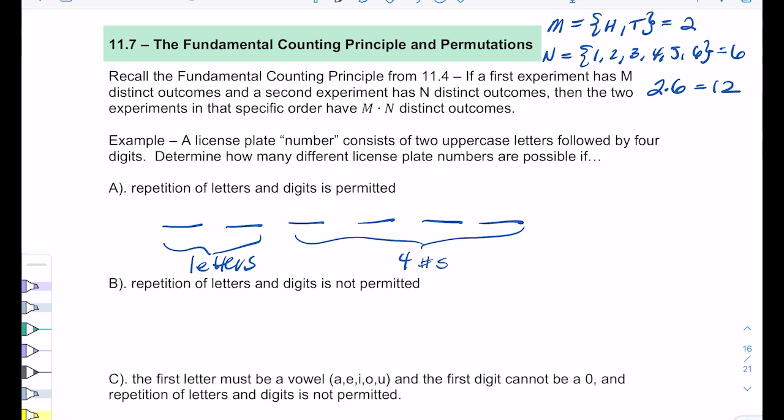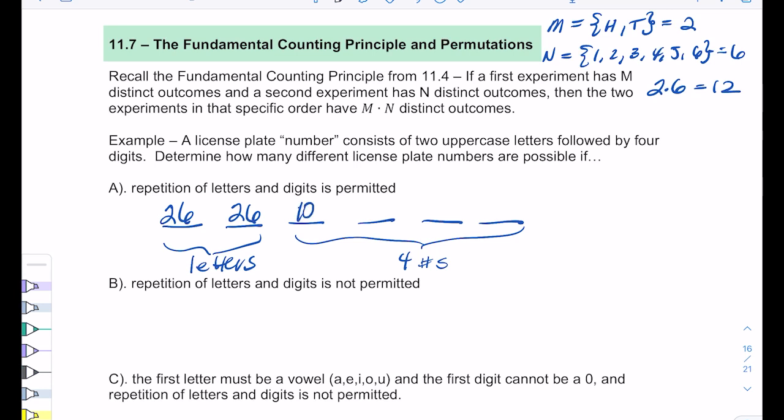If I am looking at letters, how many possible letters could I choose from for my license plate? Well, there's 26 letters in the alphabet, so I have 26 different choices. You can repeat letters and digits, so I can reuse the same letter, so I still have 26 choices. Now when we're dealing with numbers, it's 0 through 9, so that's 10 different numbers.